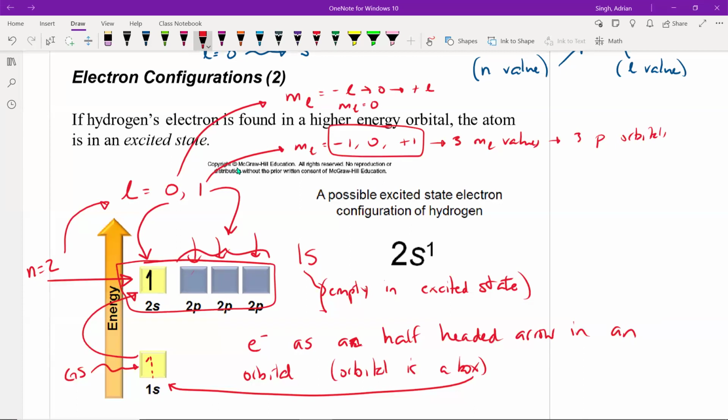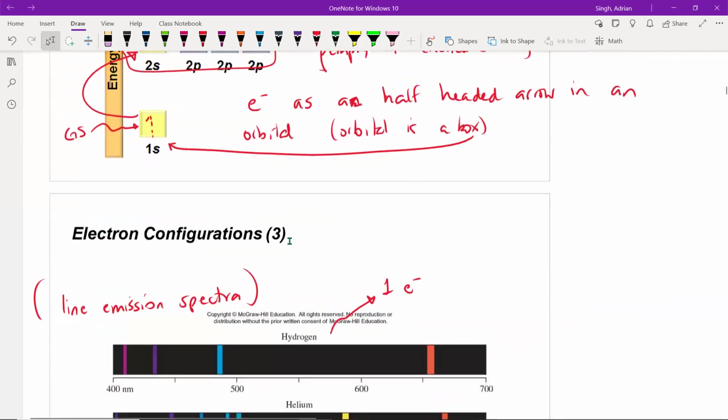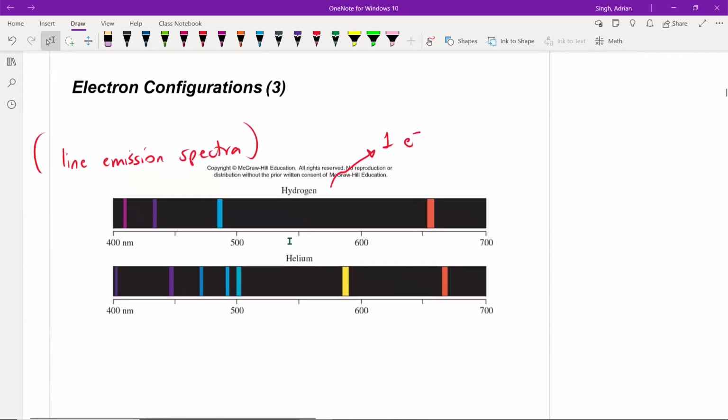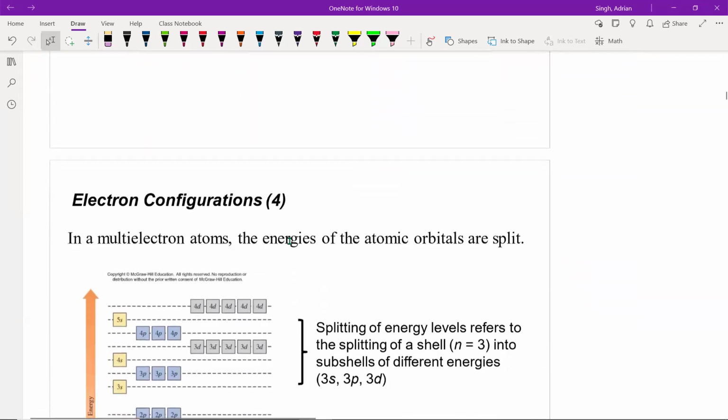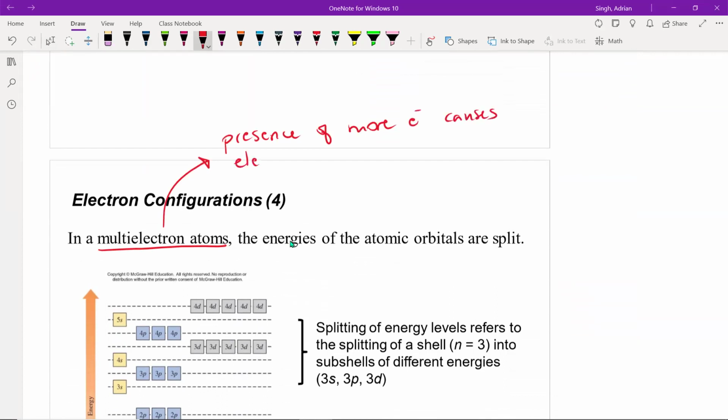When we start looking at multi-electron systems, what happens is that with the second, third, fourth, fifth electron, there's a bunch of electrostatic interactions between multiple electrons. Okay, so in multi-electron atoms, the presence of extra electrons causes electrostatic interactions.